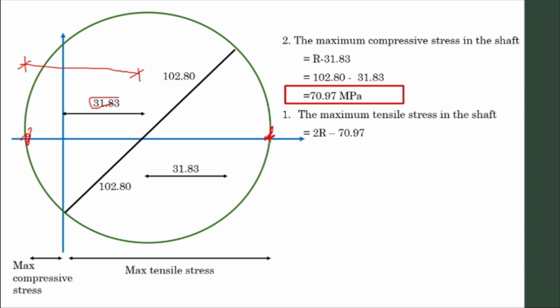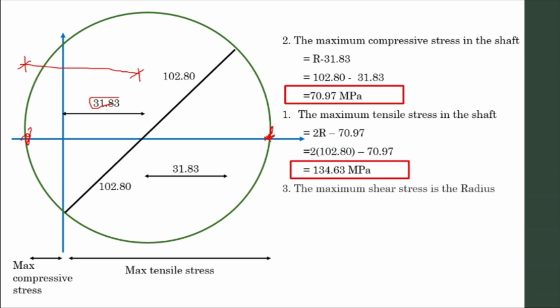So, ito yung coordinate nitong axis na to. Itong point na to pala, sorry. So, 2R, 2 times 102.8, so simply diameter, minus 70.97, meron kang tensile stress na 134.63 megapascal. So, that will be our answer in the maximum tensile stress in the shaft, number 1.